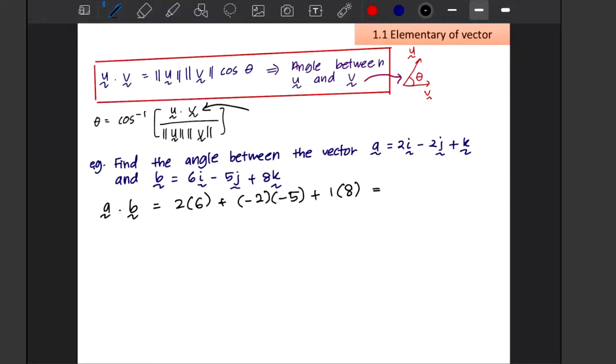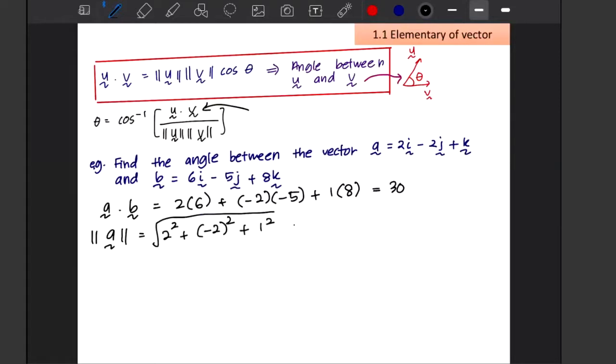I just multiply the same components, equal to 30. And then we find the magnitude of A. How do we calculate magnitude? We square the components. So 2 squared plus negative 2 squared plus 1 squared.